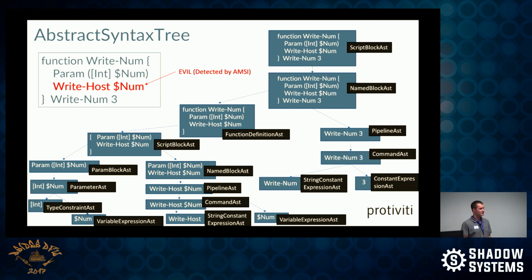But when we're searching for signatures, we don't know that that's the signature yet, kind of cheating by telling you that it will be. So now we're going to search this tree to try to find that signature. So what we'll do is we'll scan every single node in the tree using that PSAmsi scanner class. So we scan the first one, and it comes back as detected because it contains that Write-Host signature.